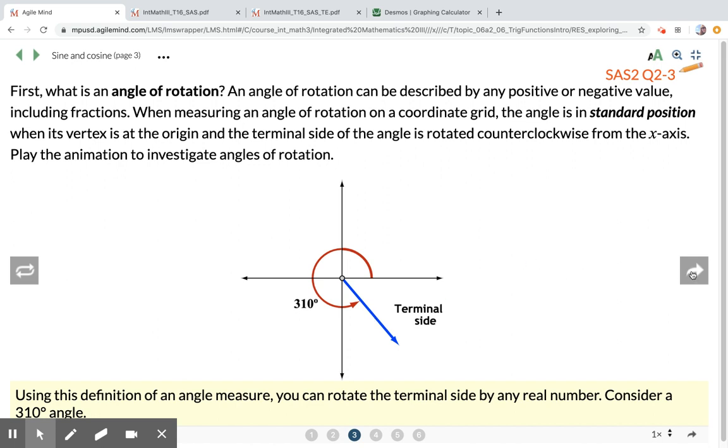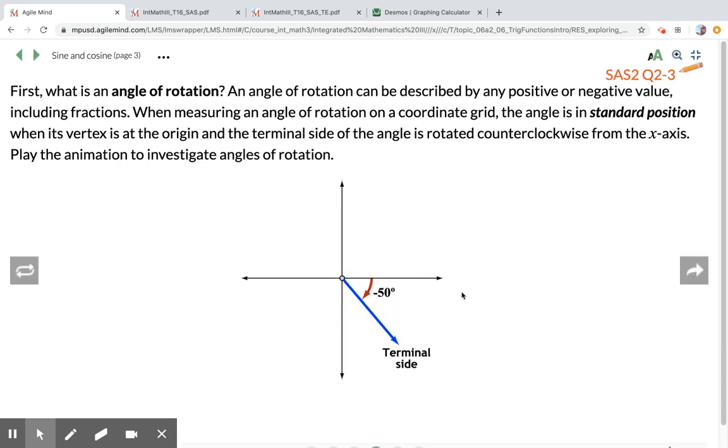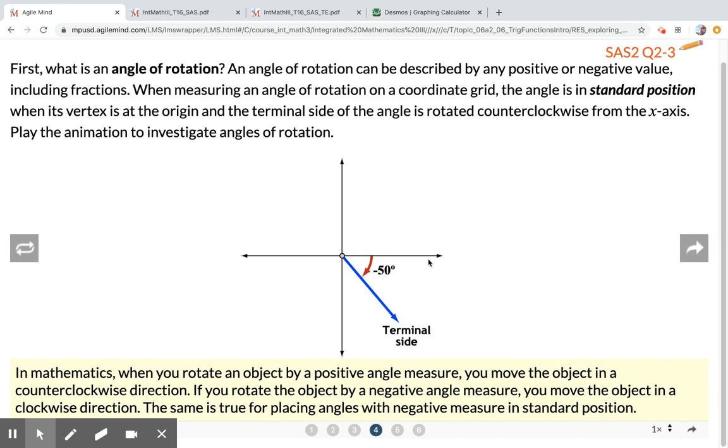But I want to point something interesting out to you, which is going to help you with question number 2. Are you ready? And eventually question 3. Instead of going counterclockwise, I could go clockwise. We're used to going counterclockwise, right? We're used to going this way.